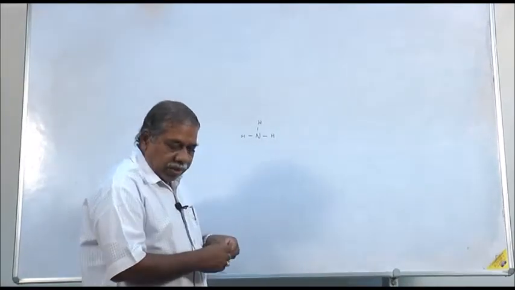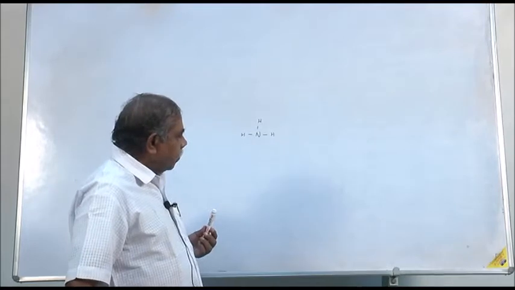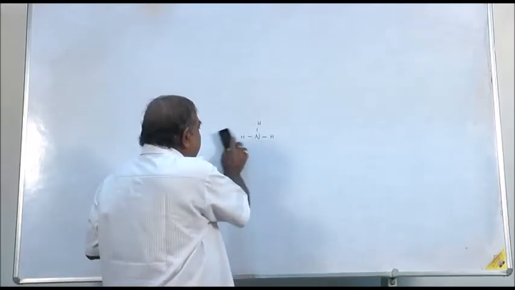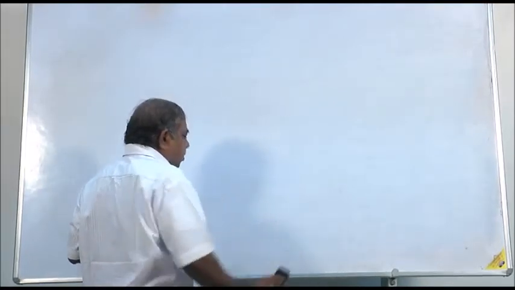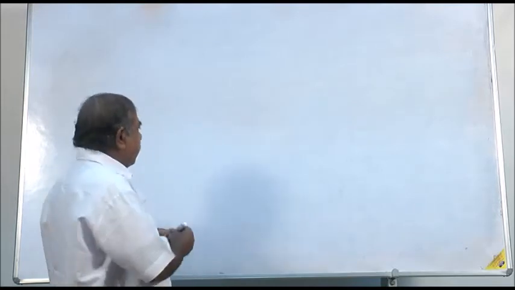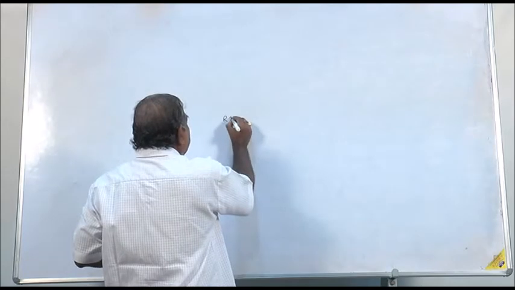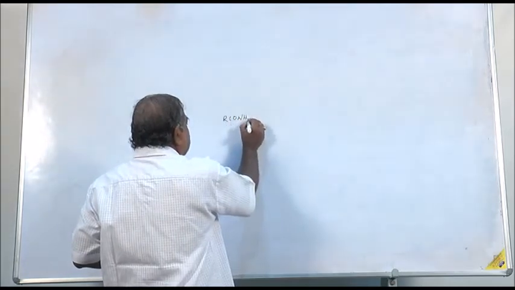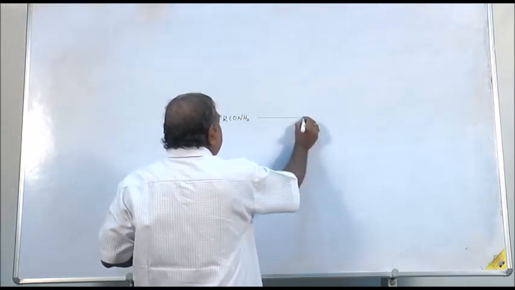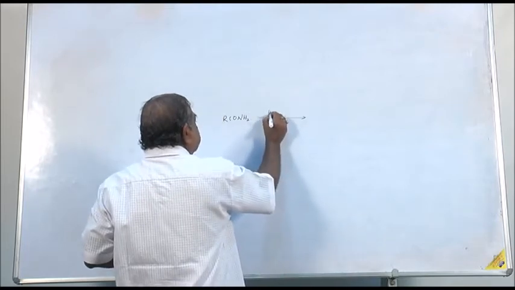We have discussed different methods of preparation. Most important out of the methods of preparation is from acid amide. Acid amide general formula is RCONH2. This compound reacts under 2 different conditions.